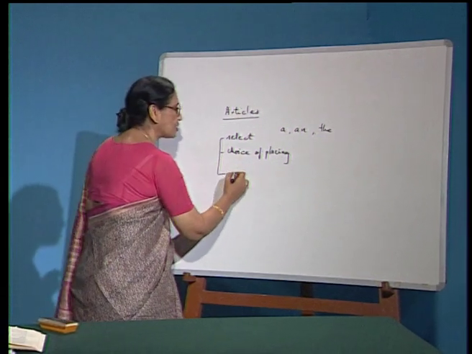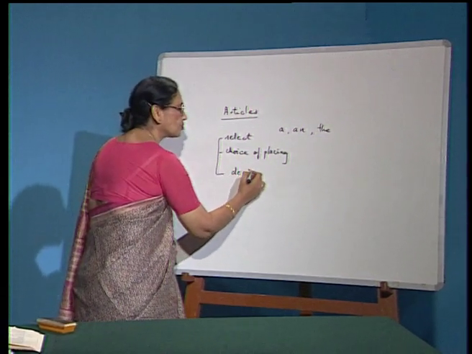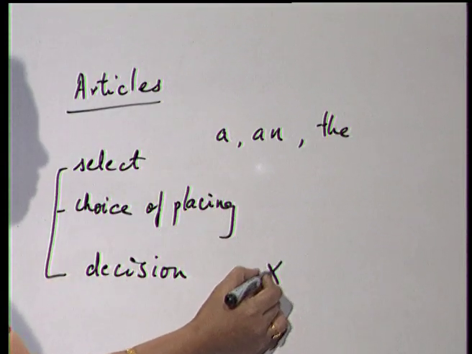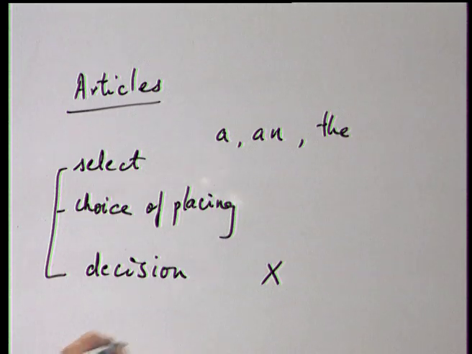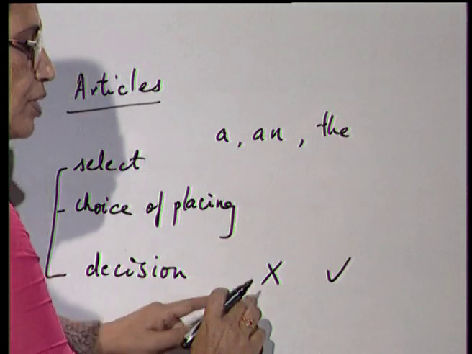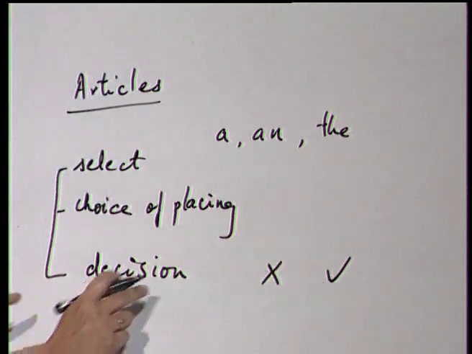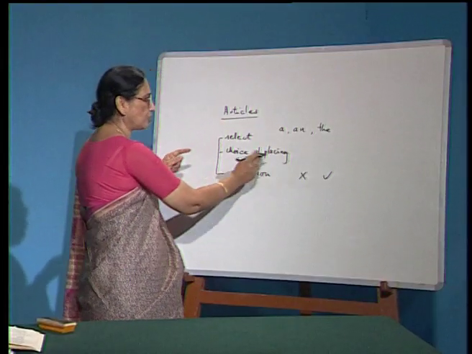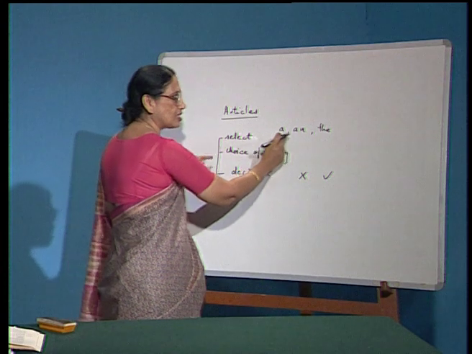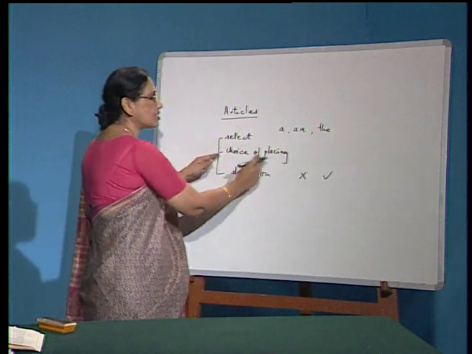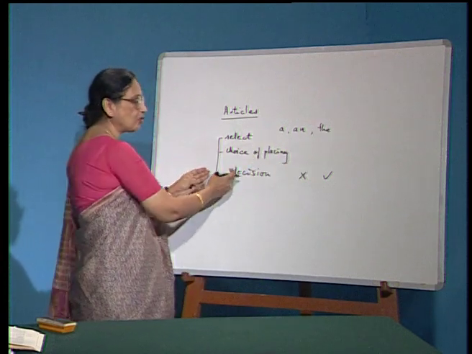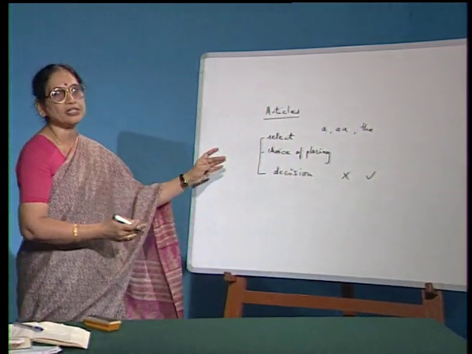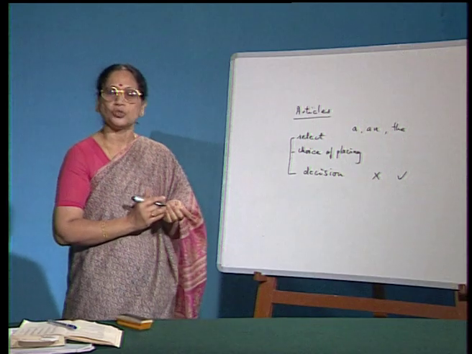So we have to take a decision about using the article at all. Maybe there are places where we don't need the article. Maybe there are places where we need the article. So we have to take a decision about use of the article itself, whether we need to put in an article or not. So what we do is we select one of the three, we decide where to place it, and we also decide whether it is required or not. And I think these three things are what help us to use articles.